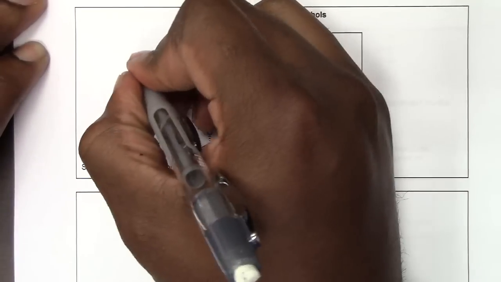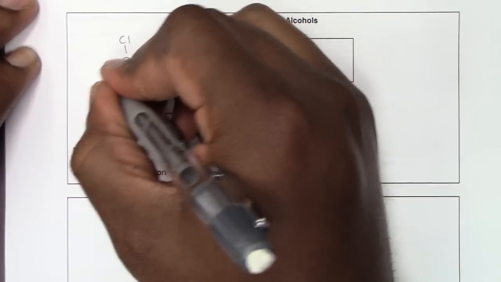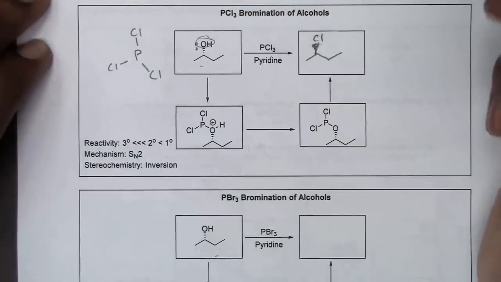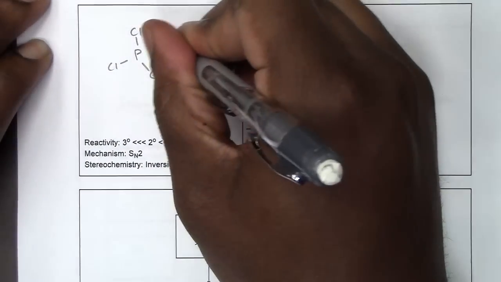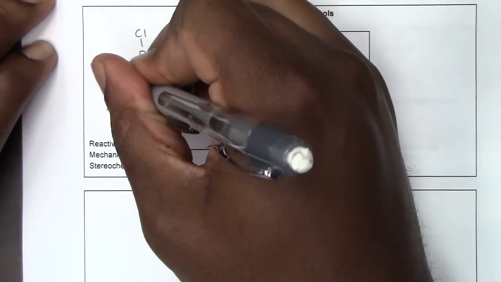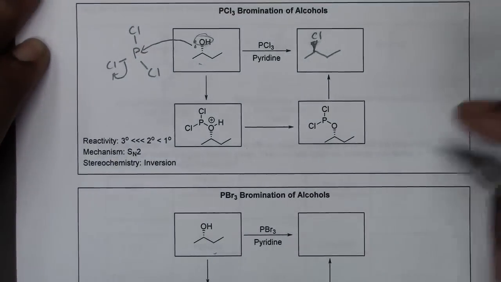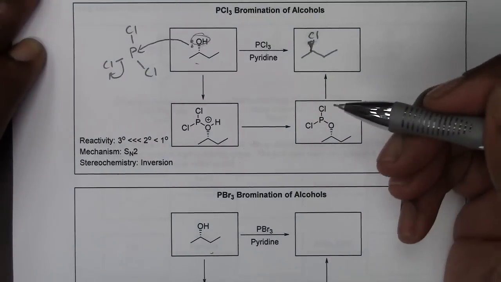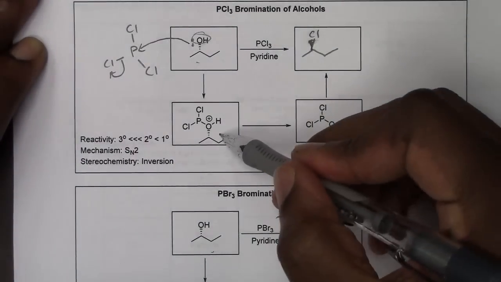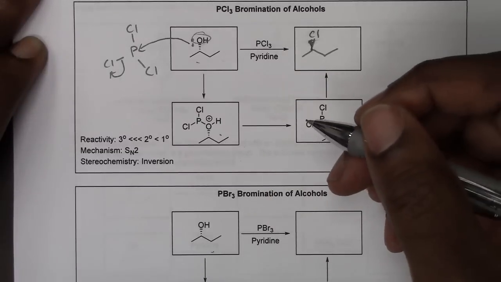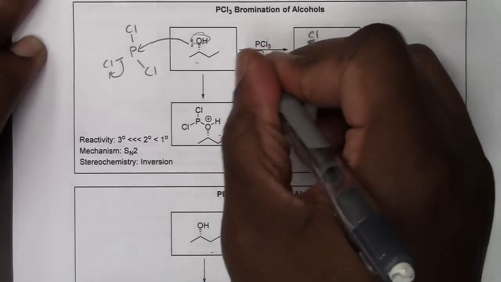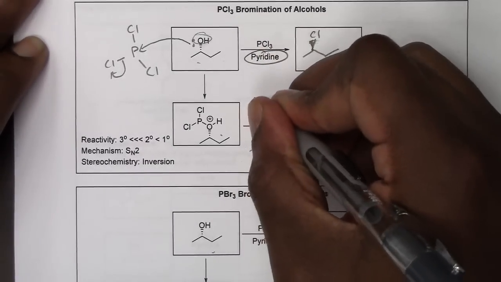Now from a mechanistic standpoint, what's happening is a lone pair of electrons from your oxygen attacks your phosphorus and you displace a chlorine. Once that has taken place, that leads you to this intermediate. Now recognize all of these SN2 halogenation reactions are done in pyridine, which is a good base.